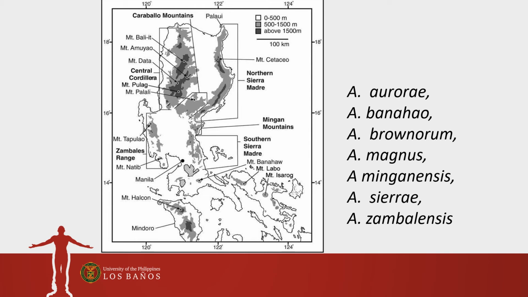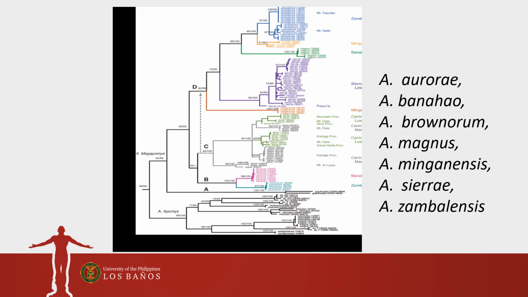And this, as you can see, have different distributions. Aside from the body measurements and cranial characteristics, these species were genetically distinct from one another.